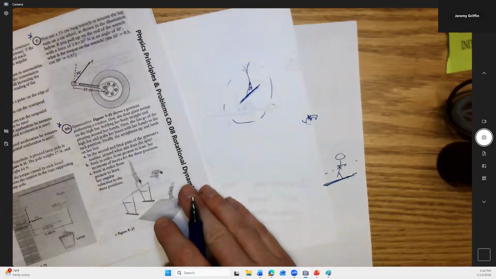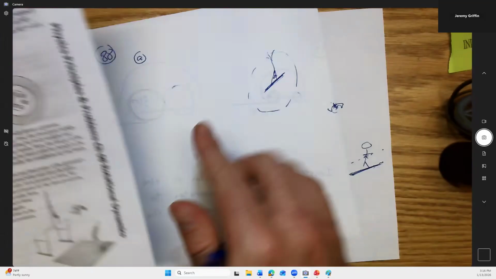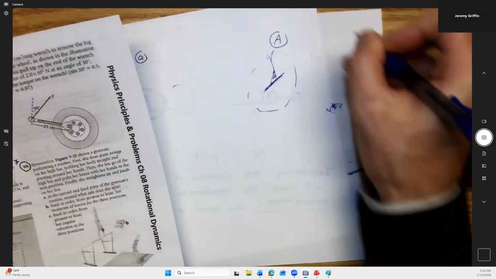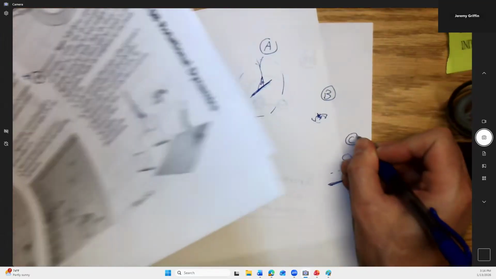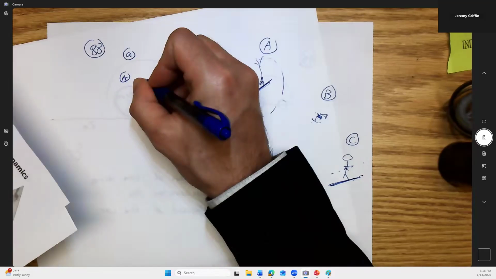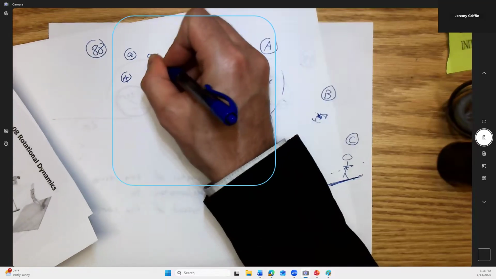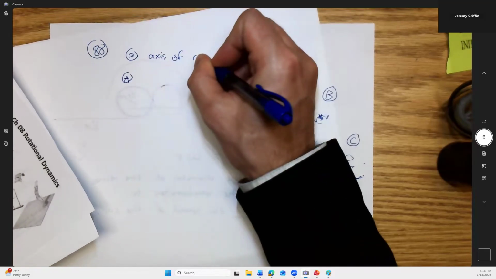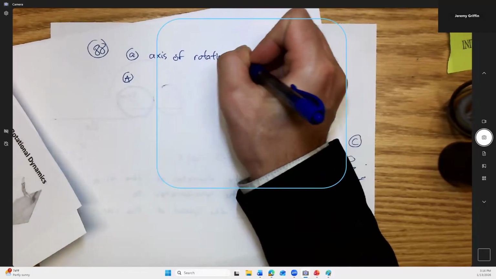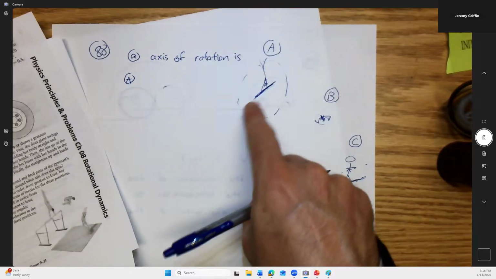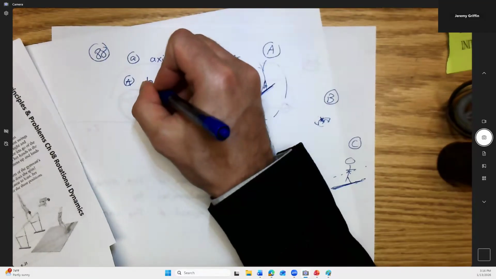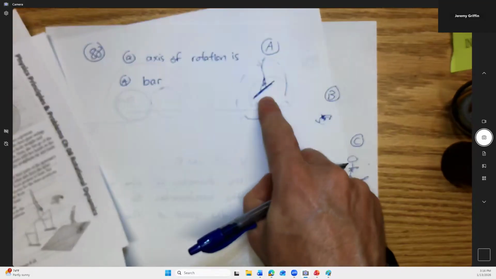Okay. So question A says, here, I'll call these frames A, B, and C. In frame A, the axis of rotation I would call the bar, up here.